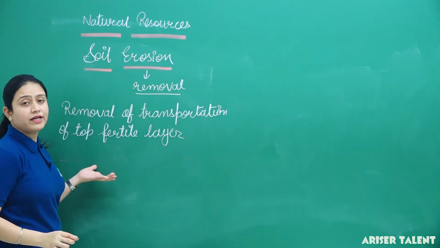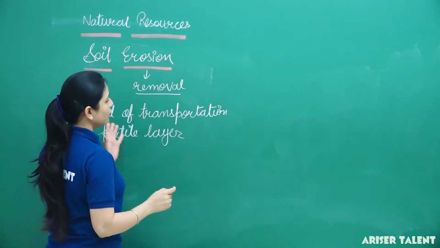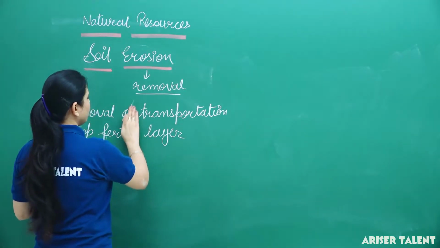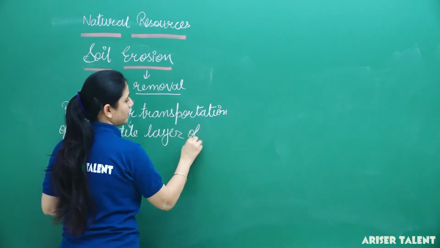Why is it the top fertile layer? Because it contains humus and minerals.